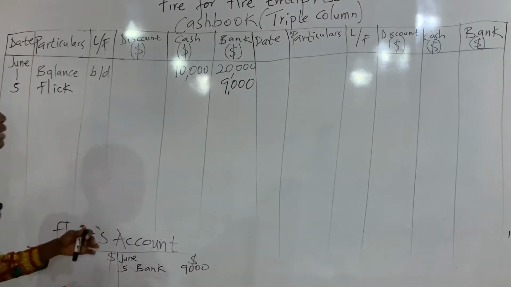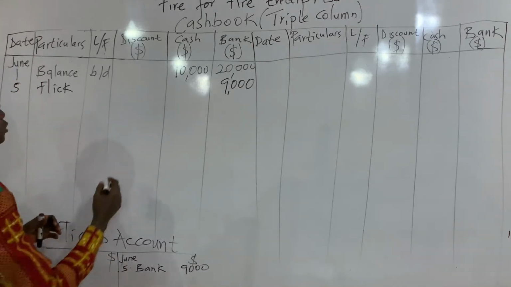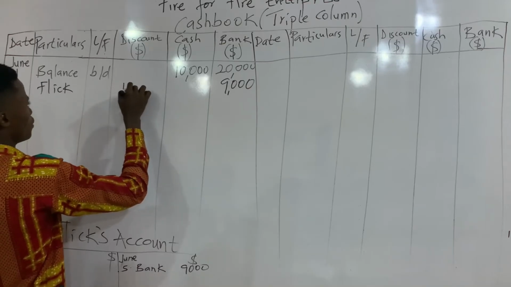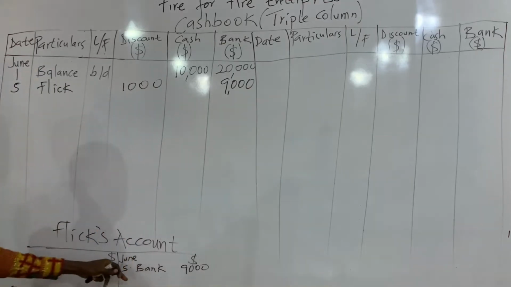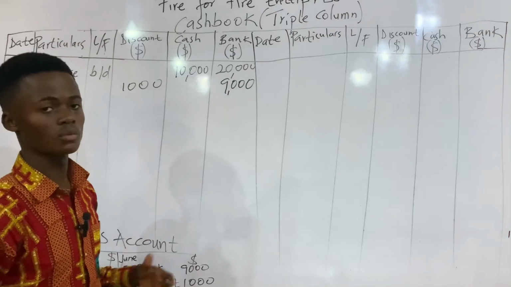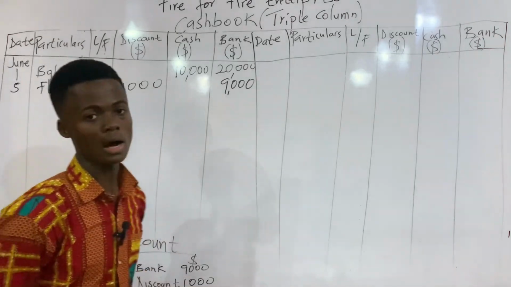And the next one is the discount. Flake enjoyed a discount of $1,000. So we record a discount $1,000 on the discount column. And we will come back to Flake account and record $1,000 discount. So this is how the discount and the amount we received will be recorded in both accounts.